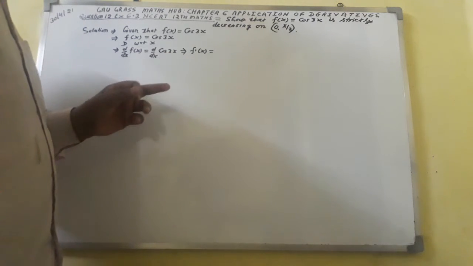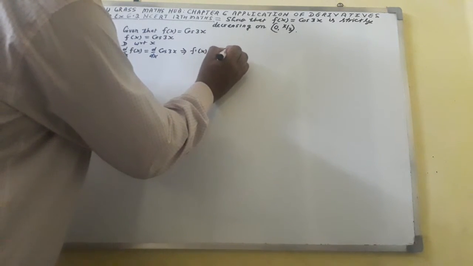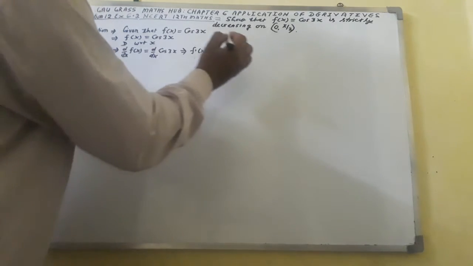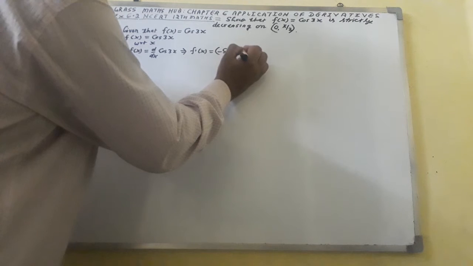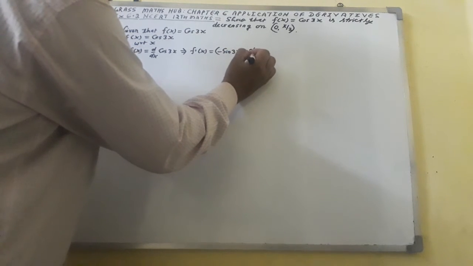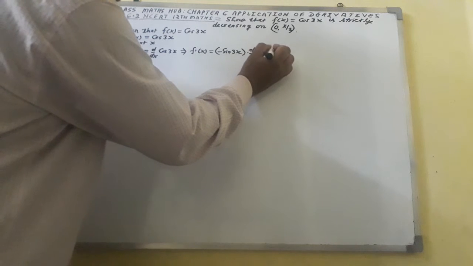Let 3x be one unit, so it comes out to be cos x. d over dx of cos x comes out to be minus sin x. Minus sin, in place of x I shall write 3x, dot d over dx of 3x.